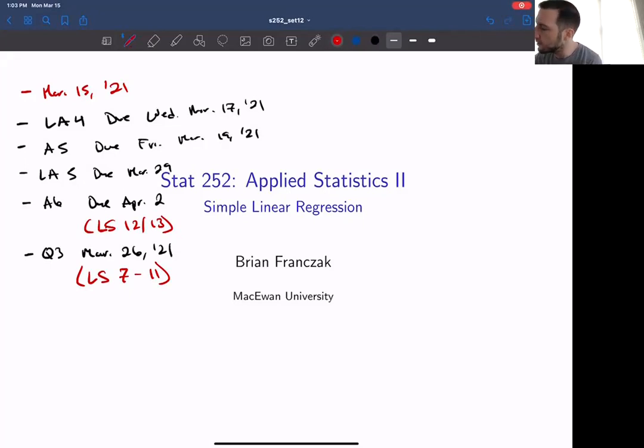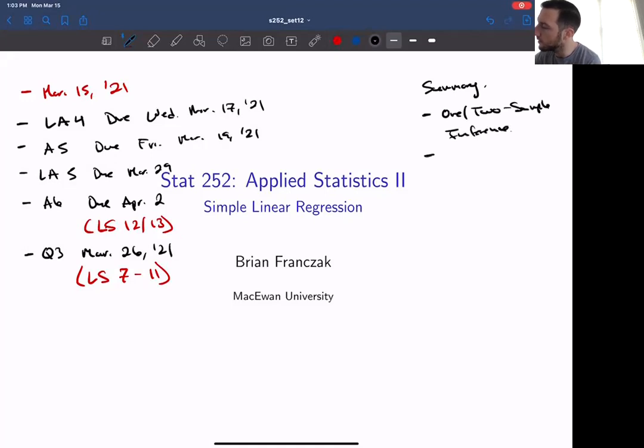In terms of material covered, just a quick recap here. We have seen 1 and 2 sample inference.